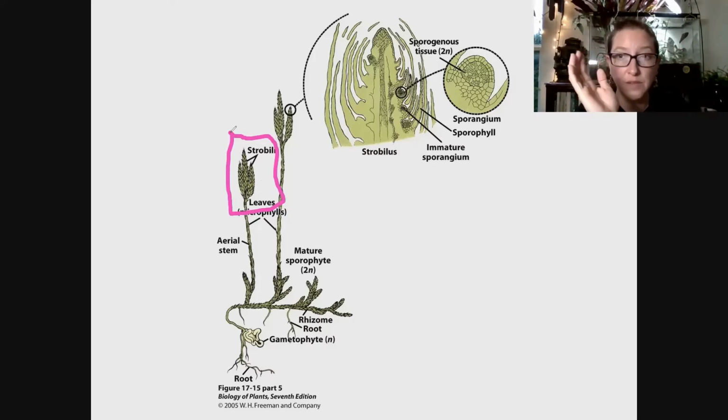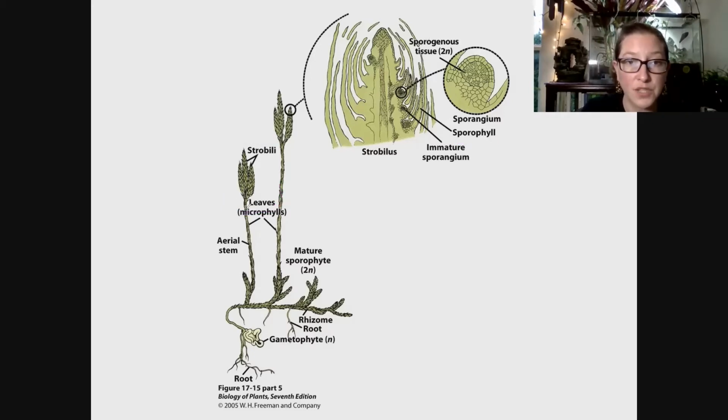And if you're a leaf that has sporangia on it, in the case of the Lycopodium, it's called a sporophyll, right? Which is a microphyll with a sporangium on it. So this is showing you that down here where there's no sporangia on the leaves, we just call them regular old microphylls. But once they have sporangia on them, we call them sporophylls.